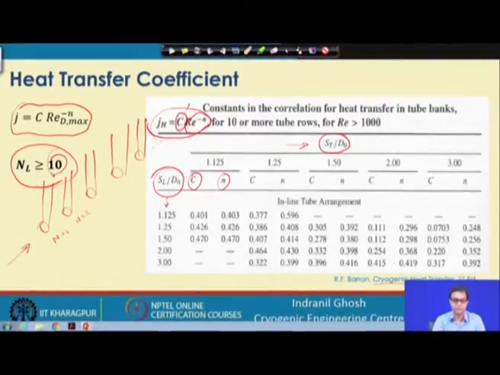So, we will come to that part later, but as you can understand, these are some discrete numbers. It is not necessarily that S_L by d_0 will come as 1.125 or S_t by d_0 will come as 1.25 or 1.5. So, depending on the situation or the problem, we may have to interpolate some of the numbers.